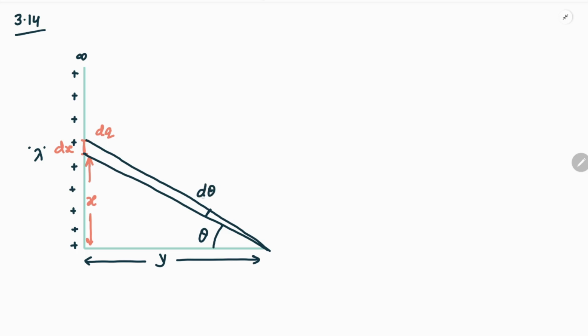At an angle theta, it subtends an angle d theta at this point, and it will create an electric field dE. The two components are dE cos theta and dE sin theta respectively.